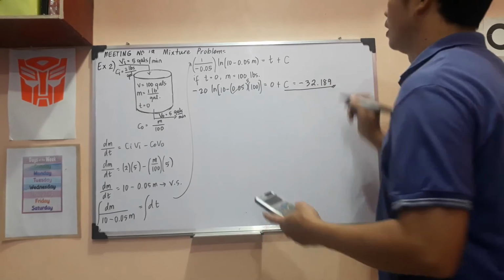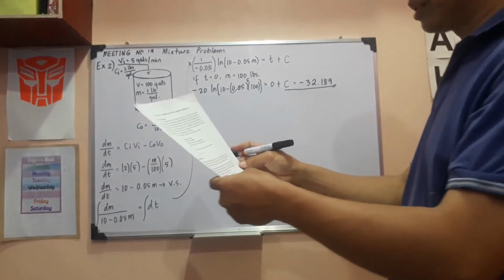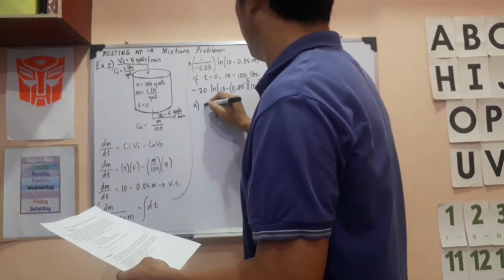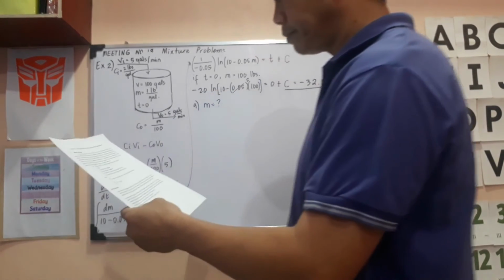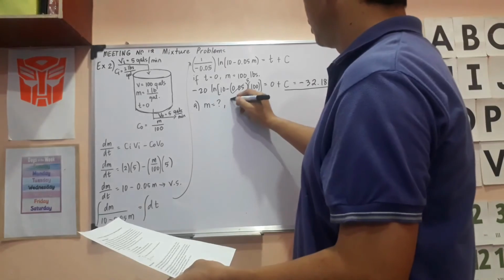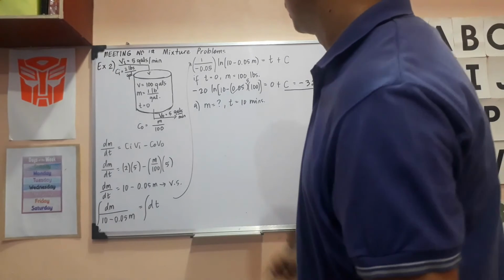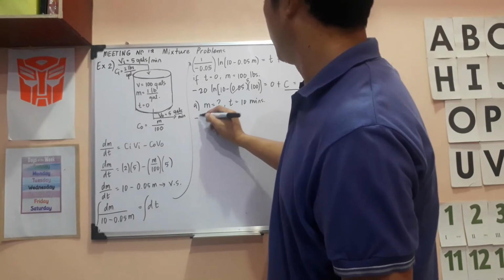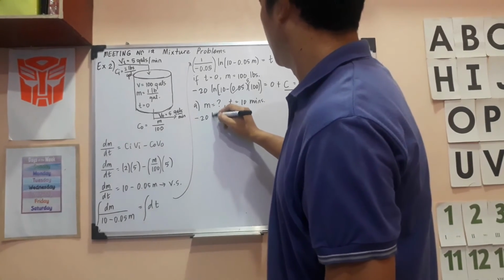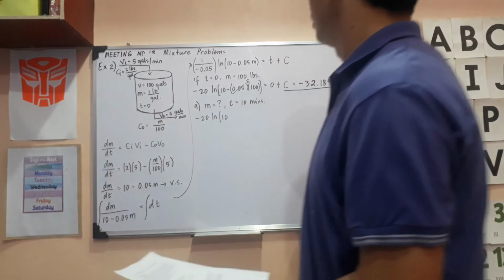Okay? Now, ano yung tanong? Ayan. How much salt? So, letter A, M ang tinatanong, is in the tank after 10 minutes, if T is equal to 10 minutes. So, we have negative 20, then ln, 10, okay?